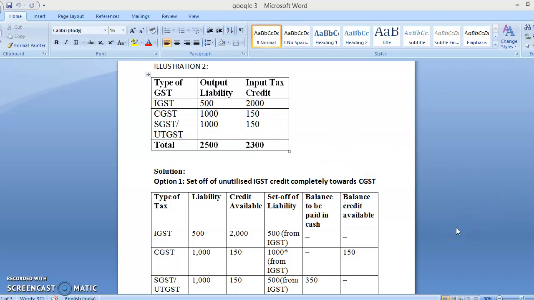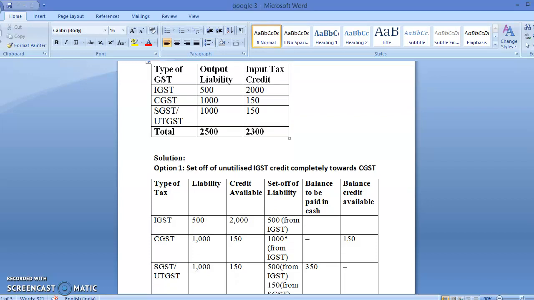According to rule 88A, we have option for utilizing this input tax credit. Let us see the option 1 where we can set off this unutilized IGST credit completely towards CGST. First we will utilize towards CGST. First IGST liability to be paid is 500.